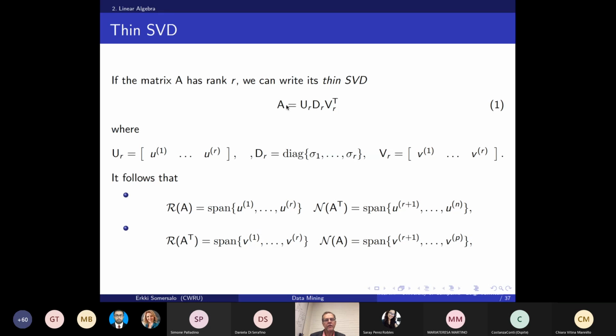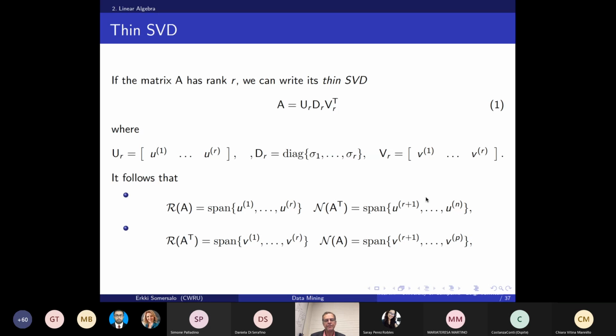And when you have this thin singular value decomposition of your matrix A, you can immediately read off what the four fundamental subspaces for the matrix are. So the range of A is the span of the r left singular vectors, so the U vectors here. The null space is the orthogonal complement of the space spanned by the right singular vectors V_1 to V_r.